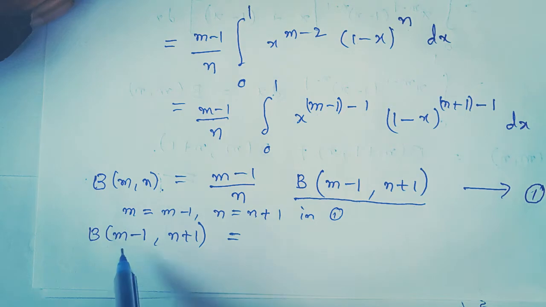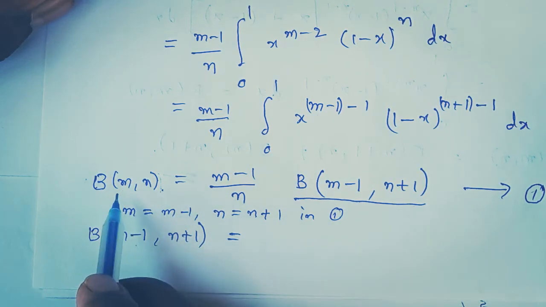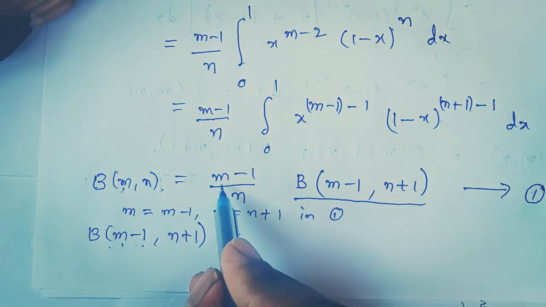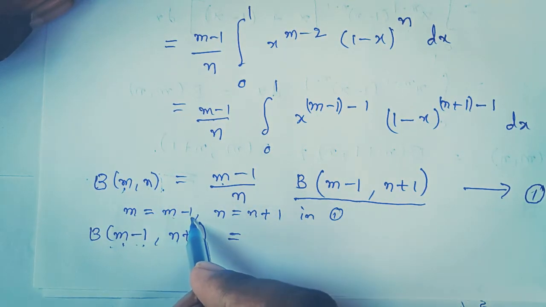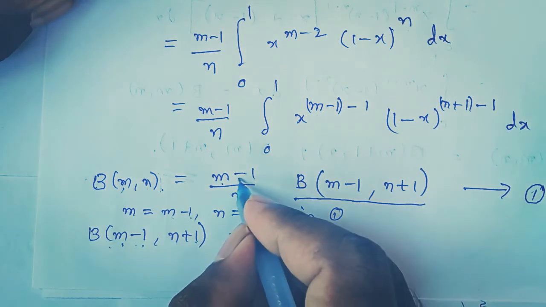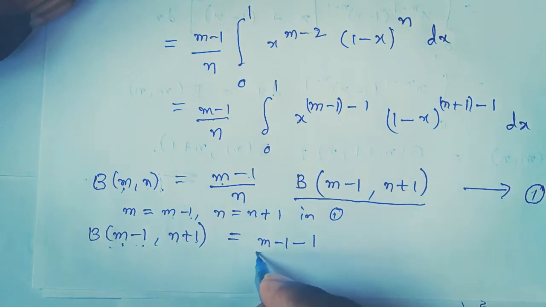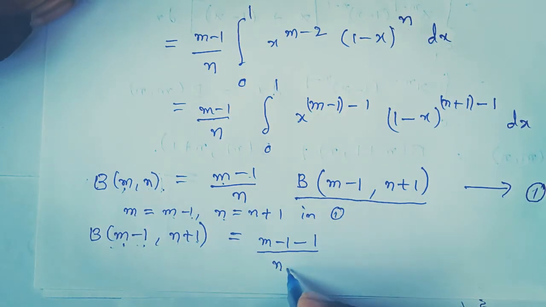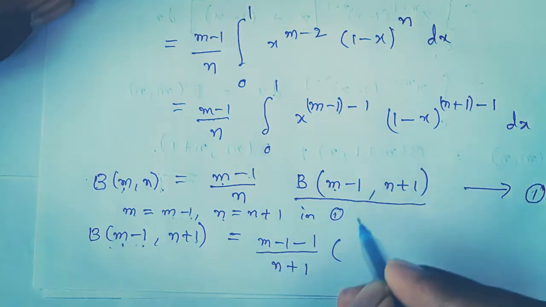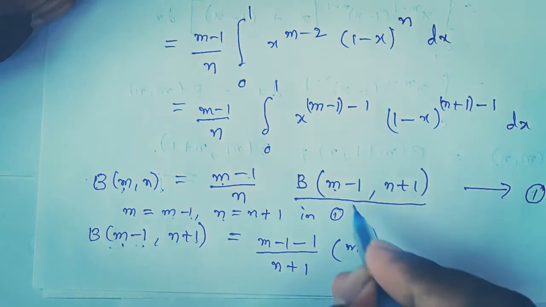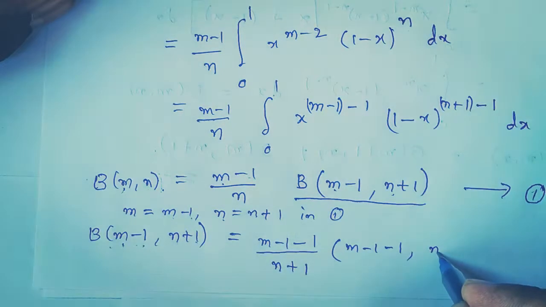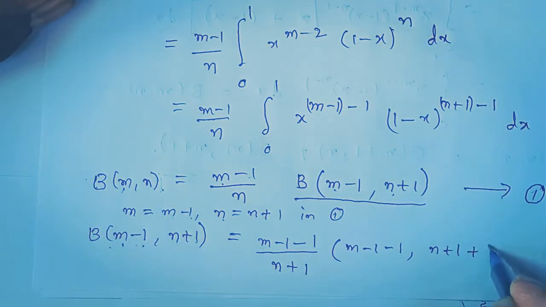in equation 1, then we get B of (m-1, n+1) is equal to, we have replaced m with m-1 and n with n+1, therefore (m-1-1)/(n+1) into B of (m-1-1, n+1+1).